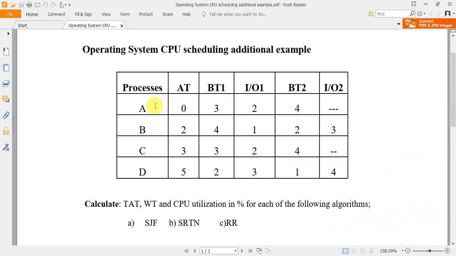So to calculate for A, we take all the burst times given, which is 3 plus 4.